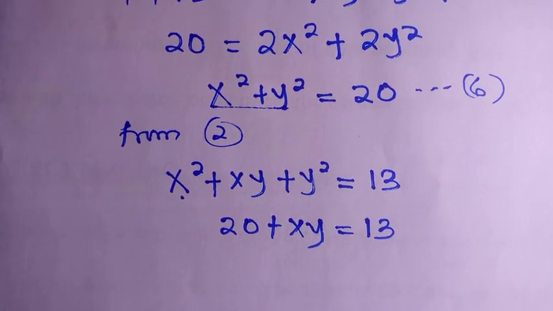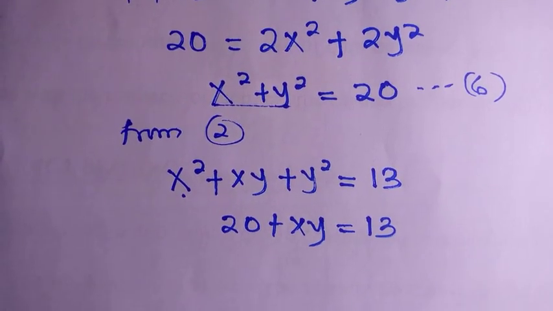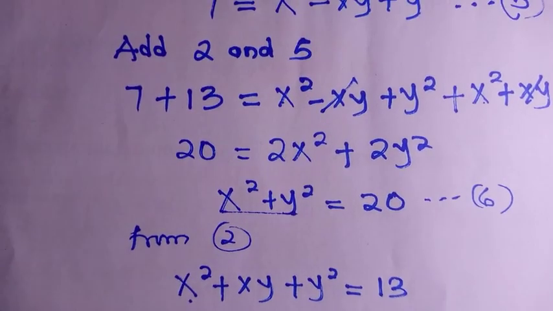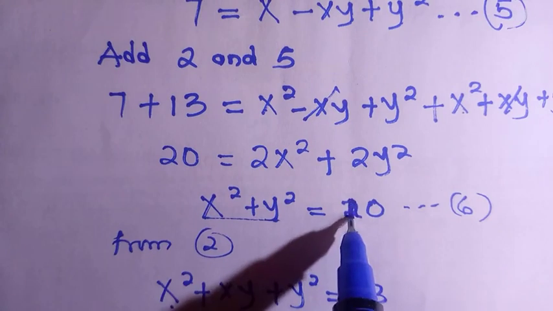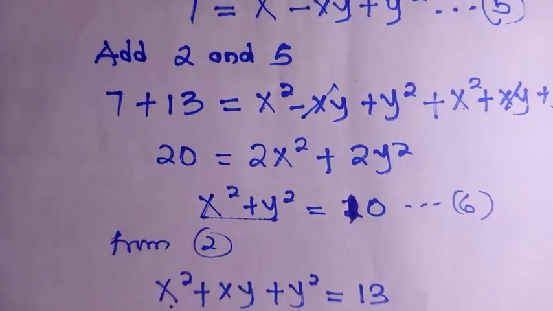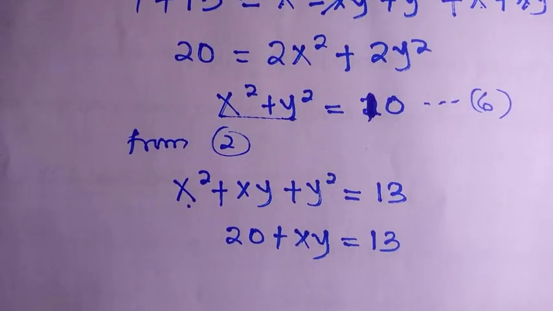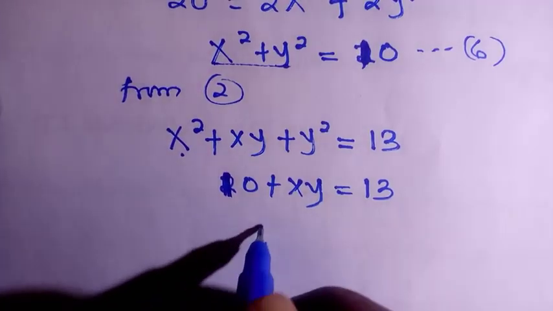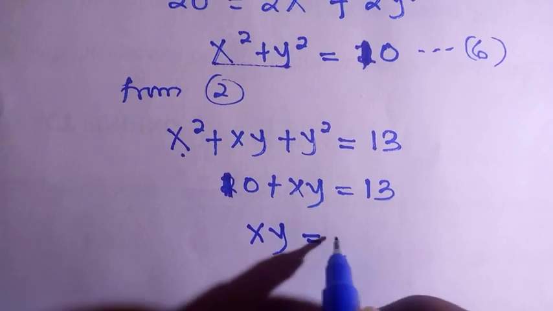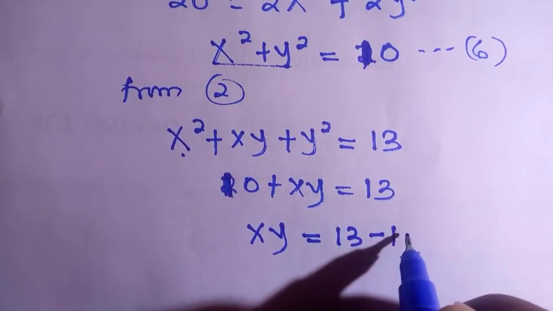But looking at this, I think something is missing. Here, if I take out 2, this should reduce to 10. So hereby we have this as 10, while xy equals 13 minus 10.